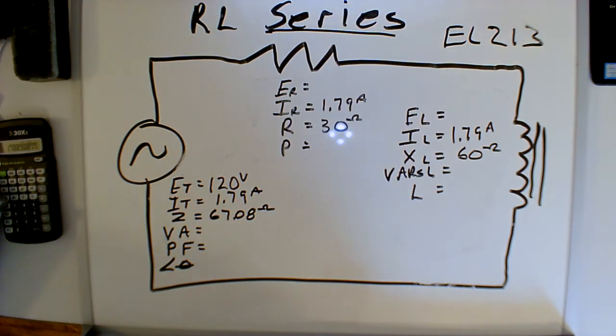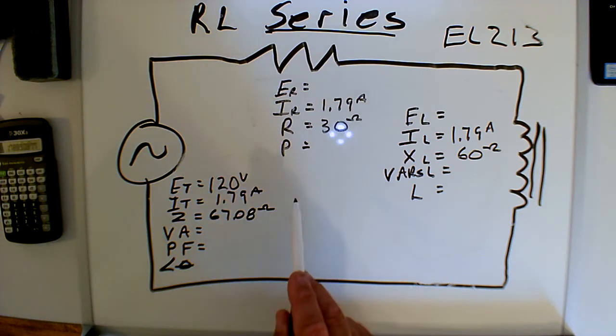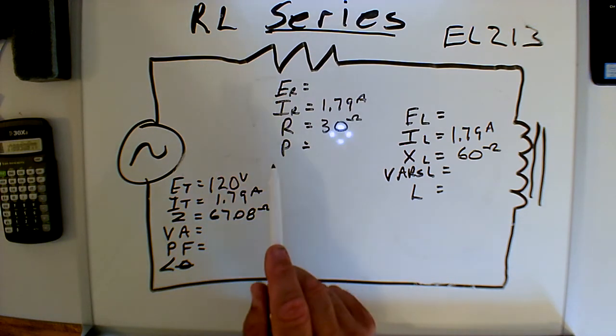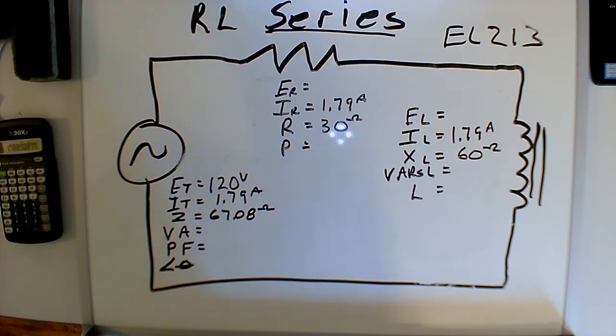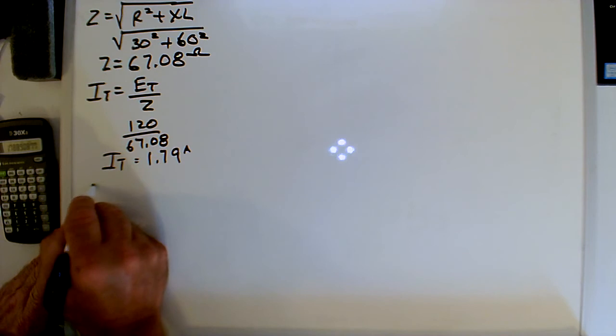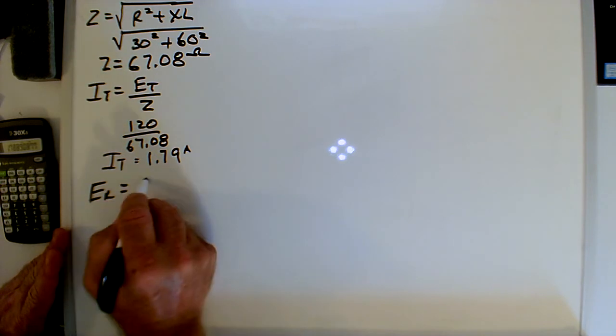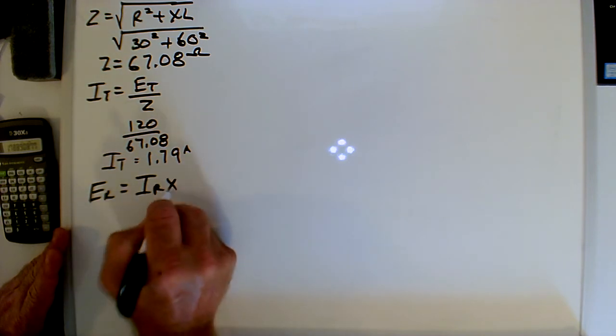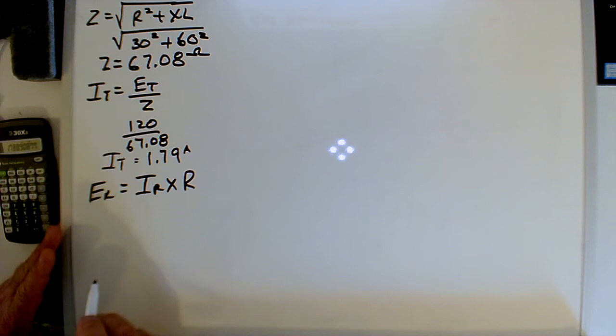So now we've got a few more values to work with, and I can start with the voltage at the resistor. What's the voltage drop across the resistor? To figure that out, I can use ER is equal to I times R. So let's do that. ER is equal to IR times R in this case.